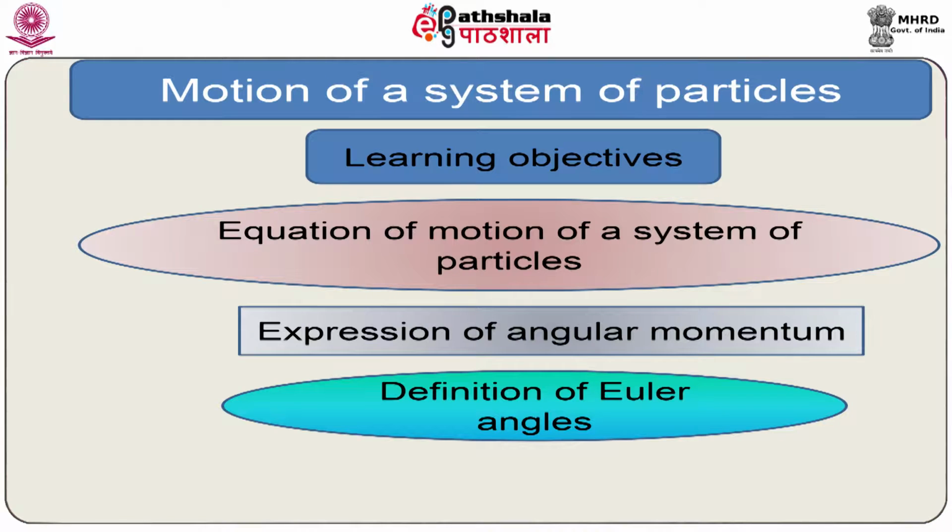According to this definition, it is permitted to carry on the dynamics of a system of particles. So, in this module, we shall discuss the dynamics of a system of particles. We shall discuss the equation of motion of a system of particles.